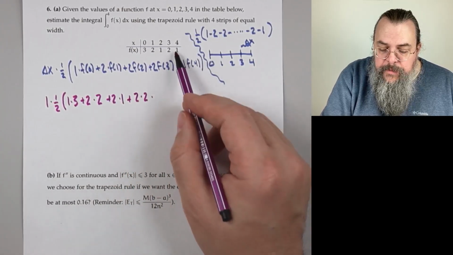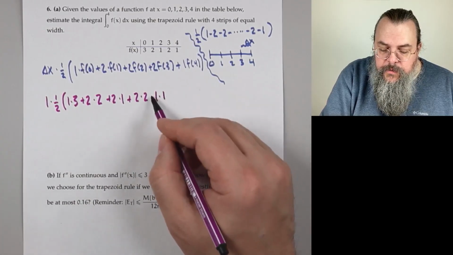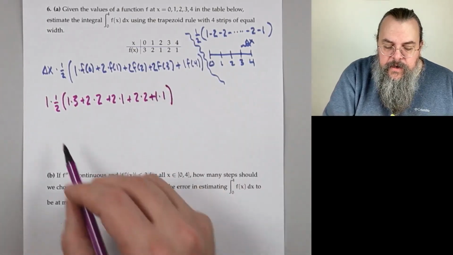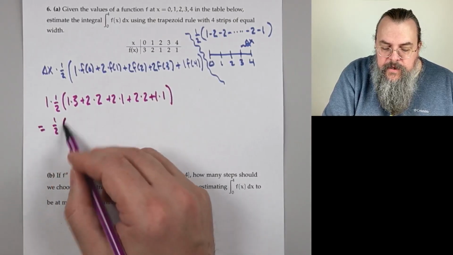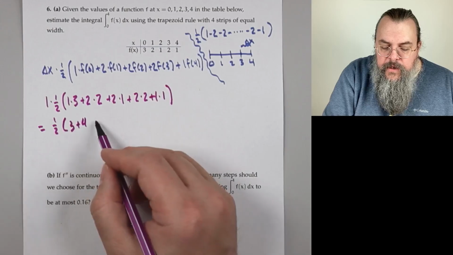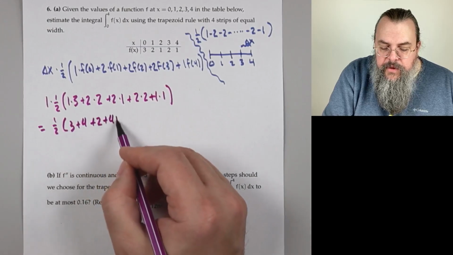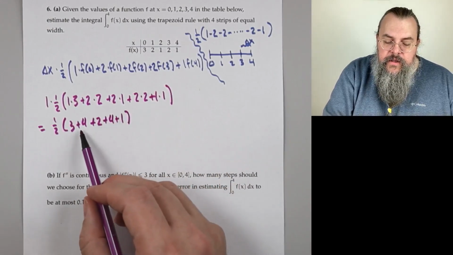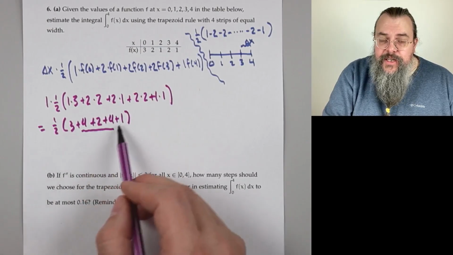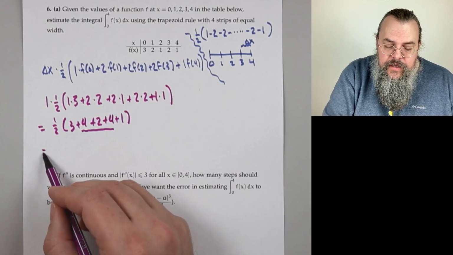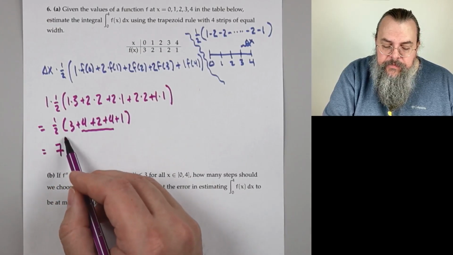And 1 times f of 4, which is 1. All right, so this is a half of 3 plus 4 plus 2 plus 4 plus 1. Well, that's 10, and adding another 4 is 14. And a half times 14 makes 7.